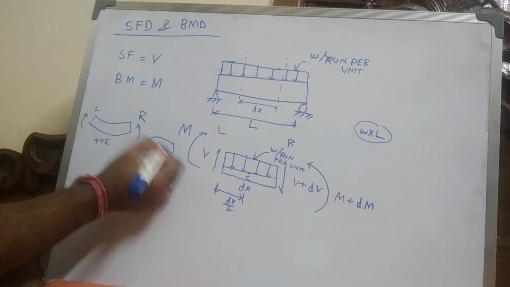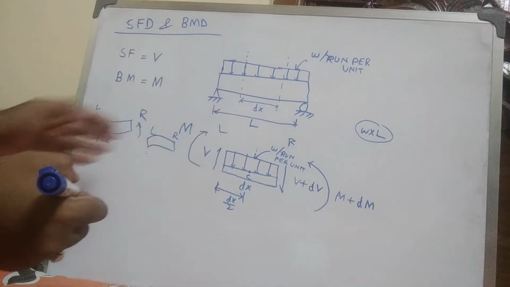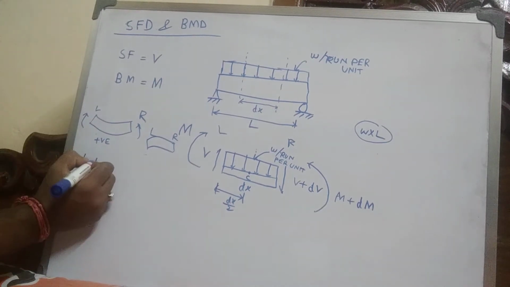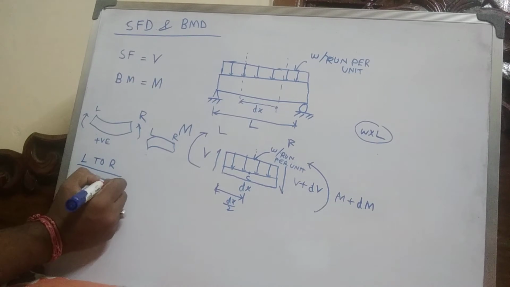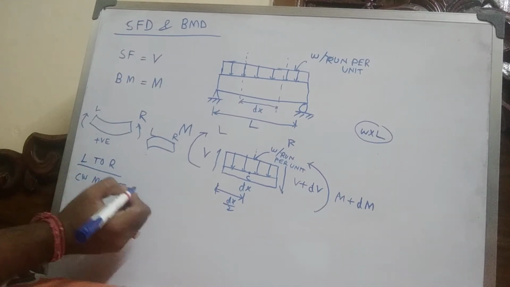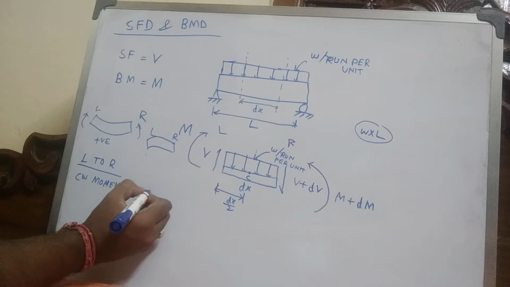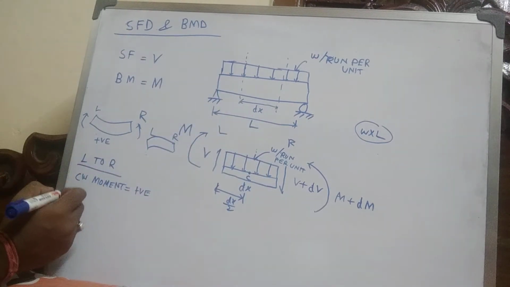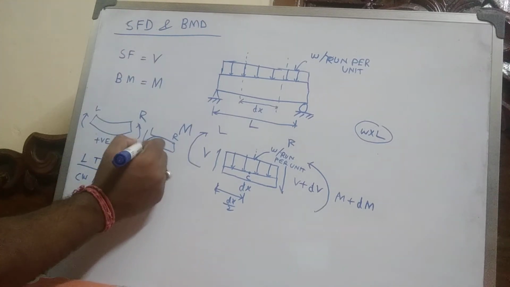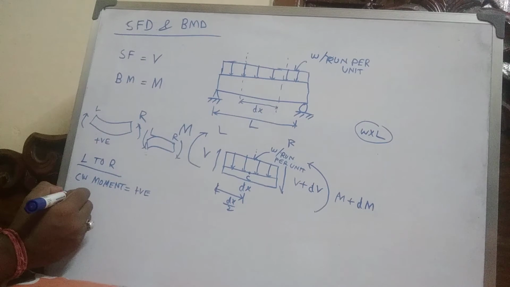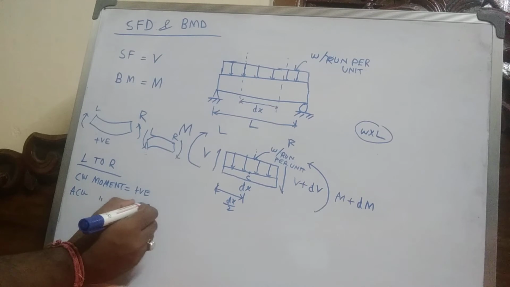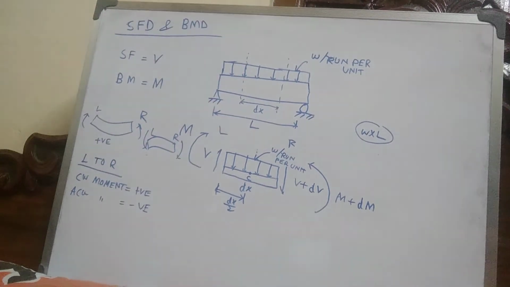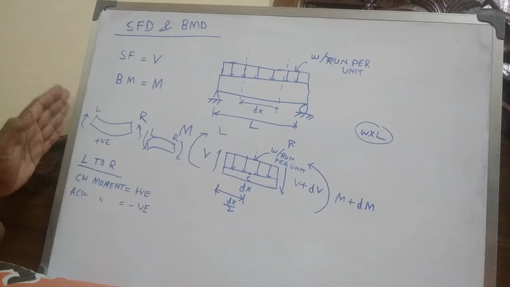Hogging is the opposite. Going from left to right, a clockwise moment on the left side is positive, and an anti-clockwise moment on the left side is negative.